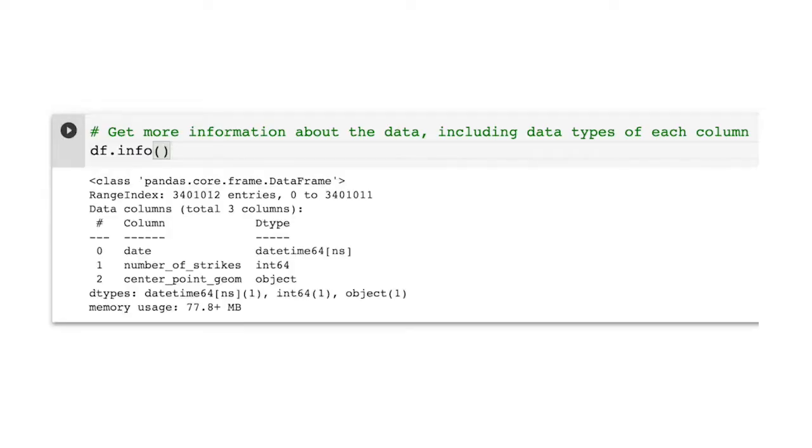Our range index tells us our total number of entries, nearly 3.5 million. We also find that the data values in our date and center point geom columns are classified as objects, and the data in our number of strikes data column is classified as int64.